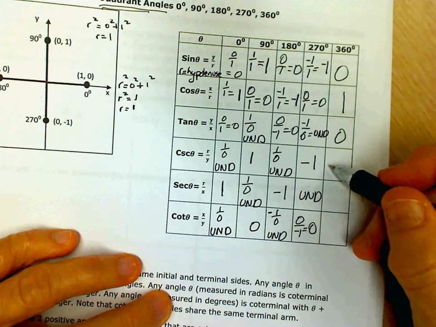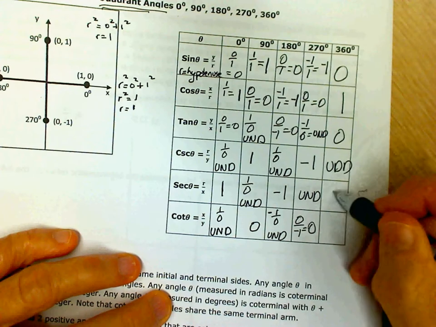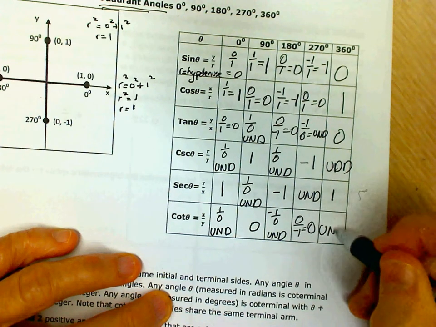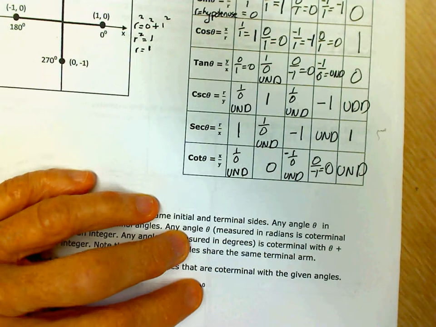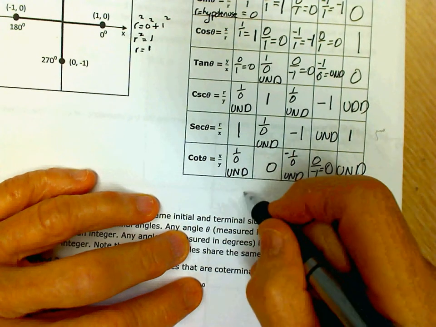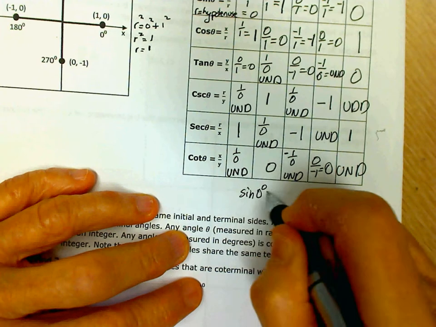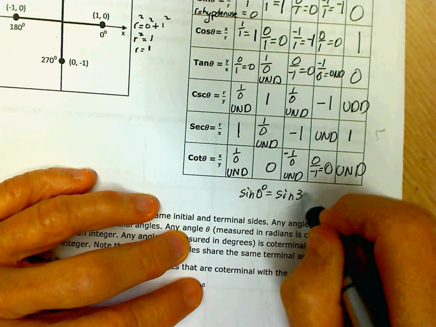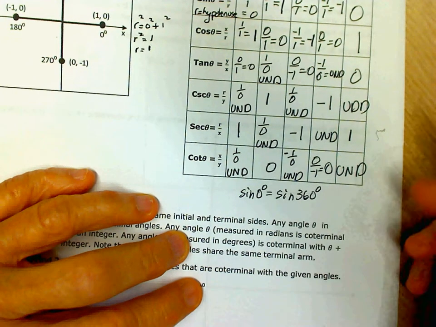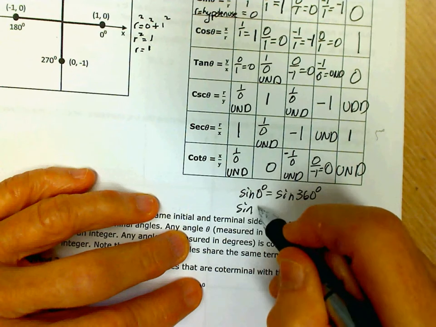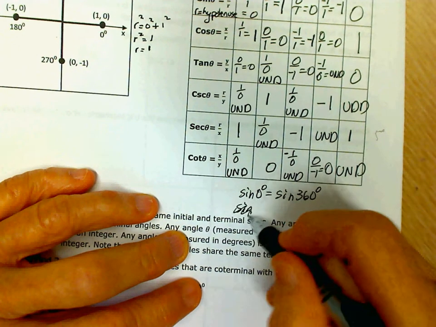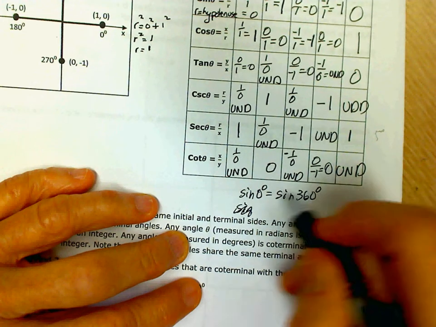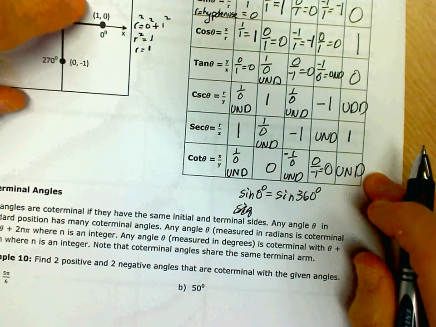Undefined, 1, undefined. Sine of 0 degrees equals sine of 360 degrees, right? Cos of 0 equals cos of 360. They're just equal. They have the same terminal arm. They have the same trig ratios.